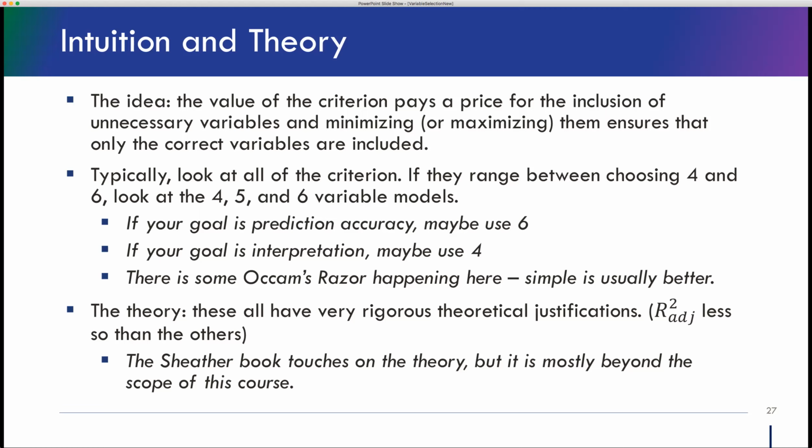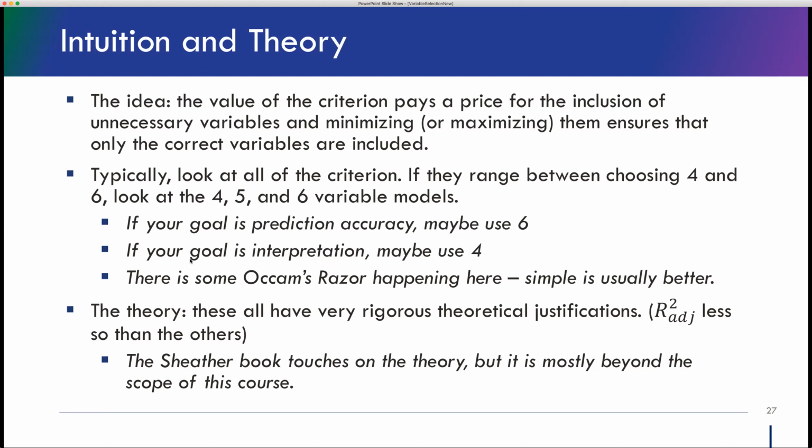Typically, I would suggest you look at all the criteria when you are making a model selection or variable selection. If the number of variables you are choosing is among 4, 5, and 6, it would depend on the goal of your study. If you want to get better prediction accuracy, you can use a relatively higher number of variables. So in this case, we would use 6.